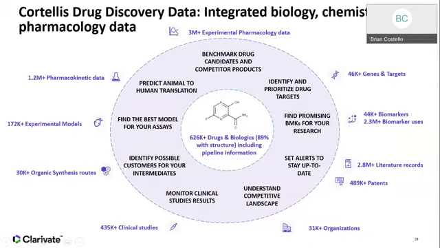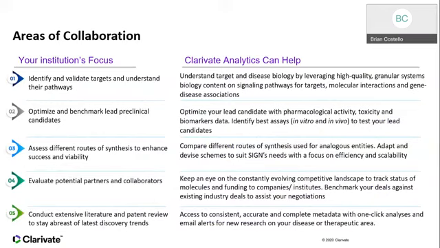How that can help you is, let's say your institution's focus is to identify and validate targets and understand their pathways. We have Metacore, which leverages high-quality, granular systems biology data. You can identify assays to test your lead candidates by seeing data from CDDI.